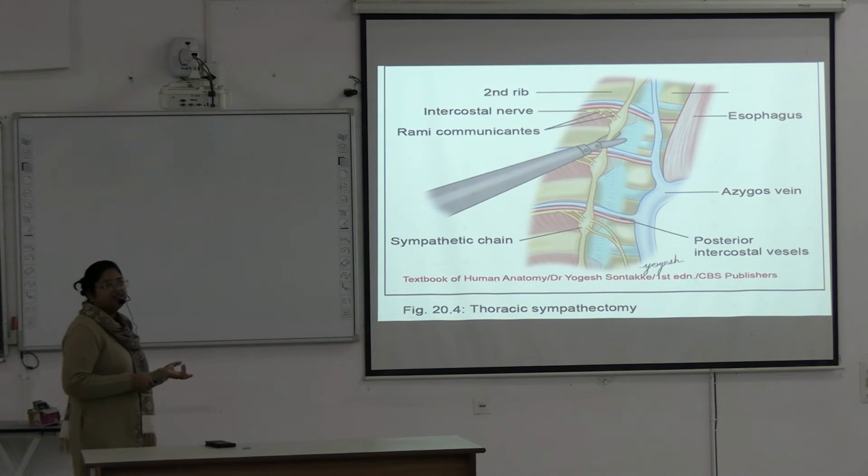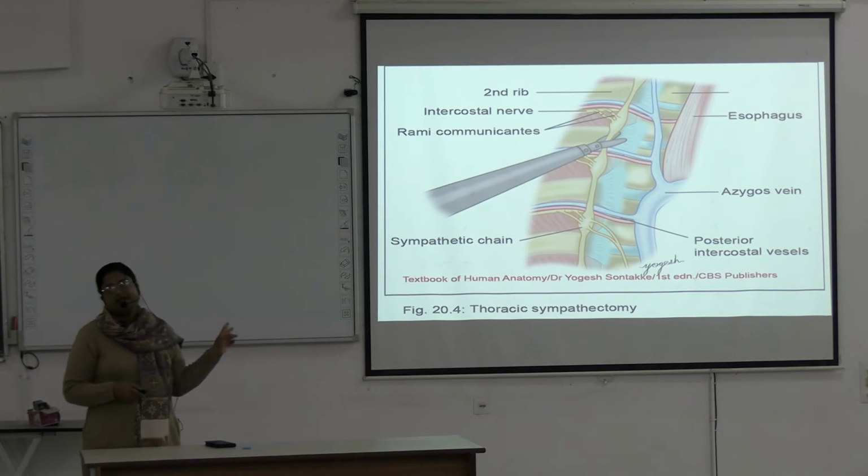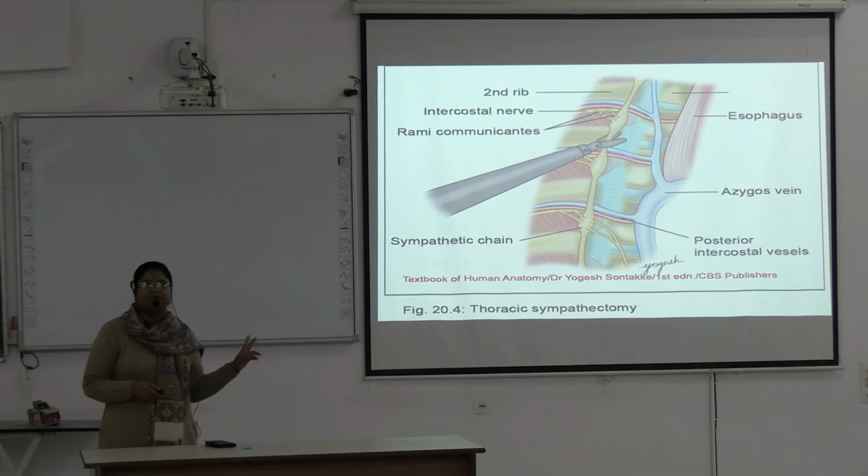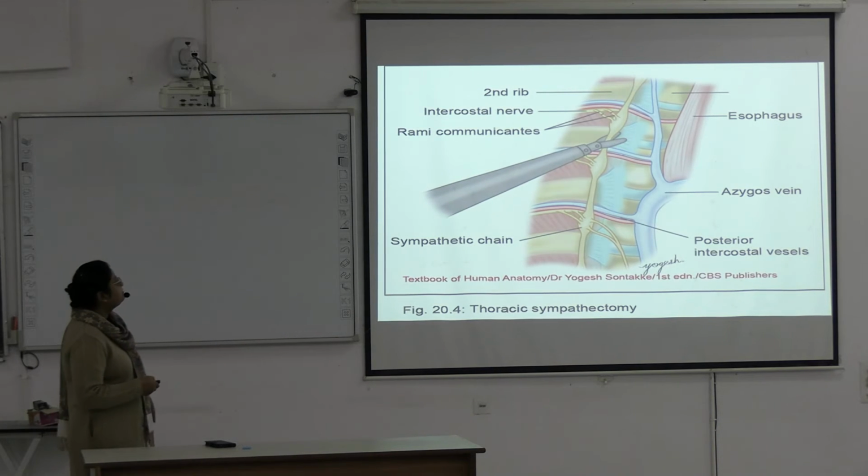Next we go to the clinical aspect. In the clinical aspect, Horner syndrome comes as a short note. Horner syndrome is important. Here is sympathectomy, thoracic sympathectomy. We are cutting the sympathetic chain to relieve pain sensation. See here, this is the azygous vein.